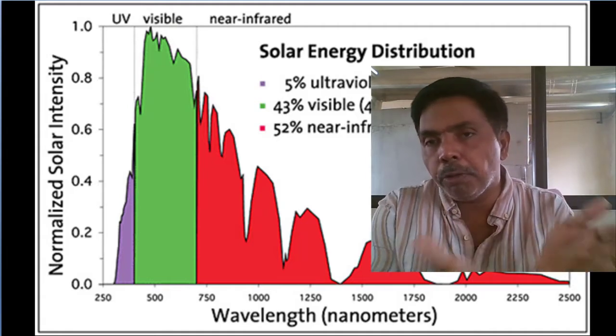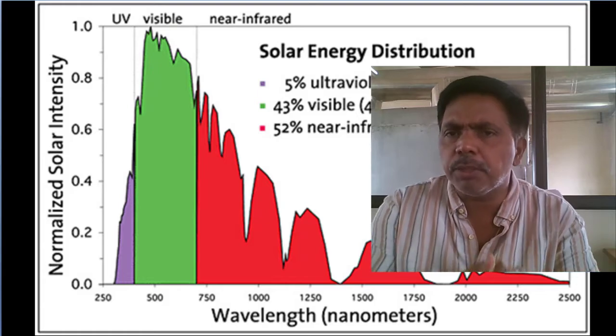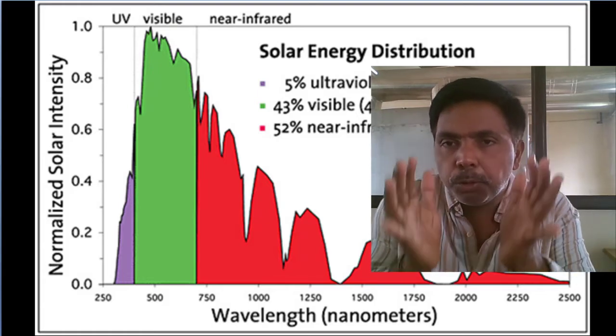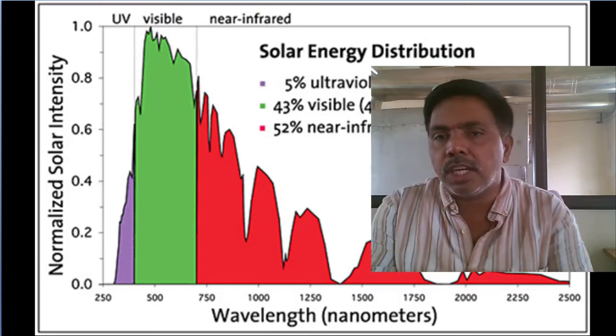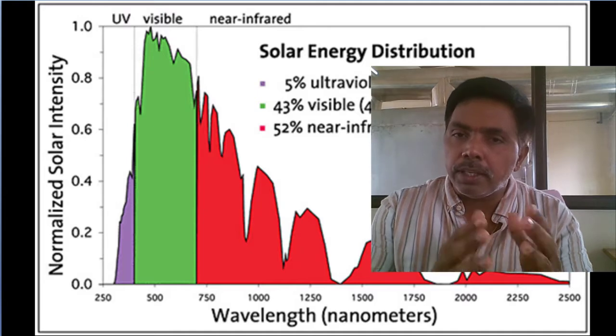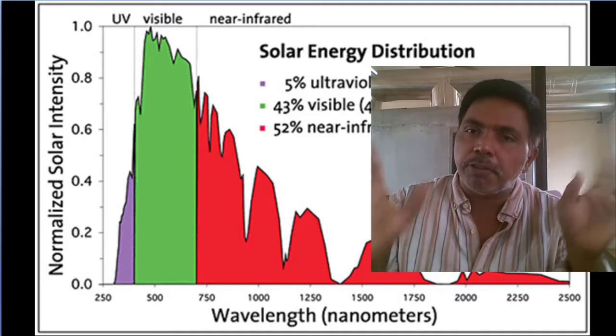Suppose a solar PV panel, a photovoltaic panel, is indirectly a semiconductor. A semiconductor is capable of converting only visible radiation, not ultraviolet or infrared radiation. So for a solar panel, the input energy itself is 43% only.